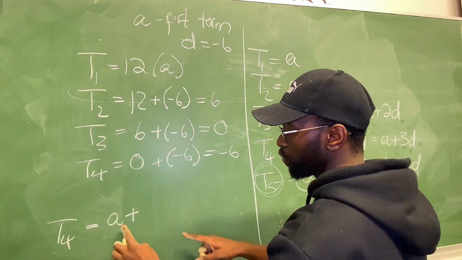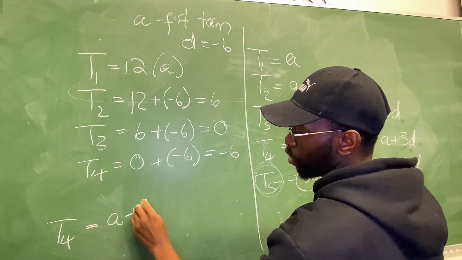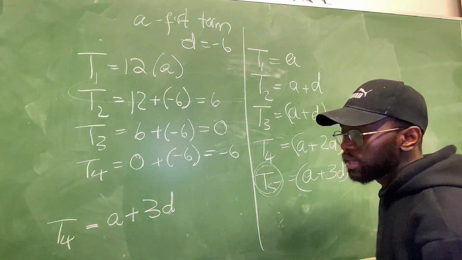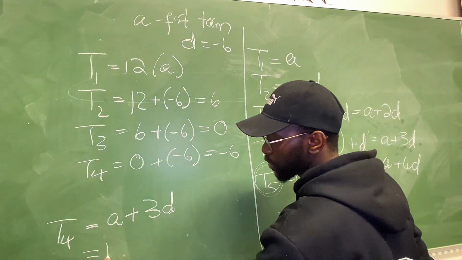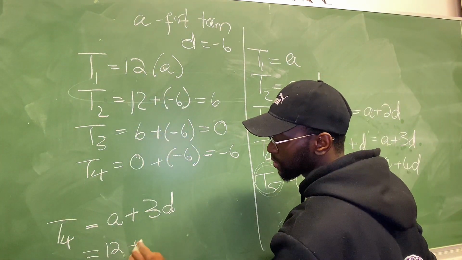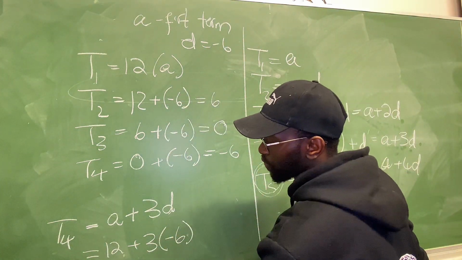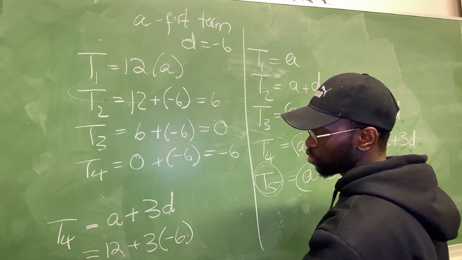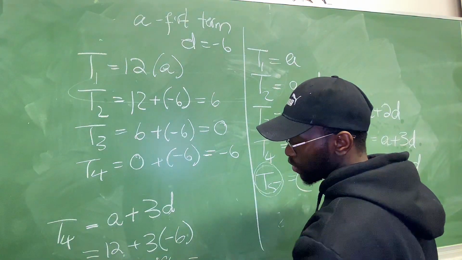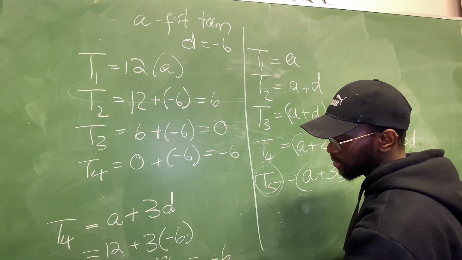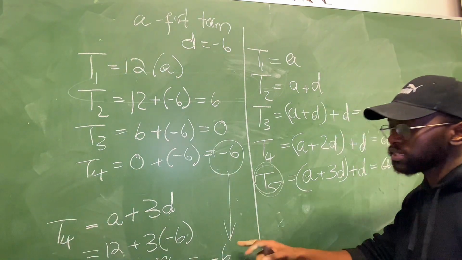So if we are looking for T4, we will have 3, which is one less than 4. So it will be given by A plus 3D. Now let's substitute using these values. We know that our first value will be 12 plus 3 into our common difference, which is minus 6. So 12 minus 6 times 3, 18. 12 minus 18 will be minus 6. So you can see that our T4 is the same as here.